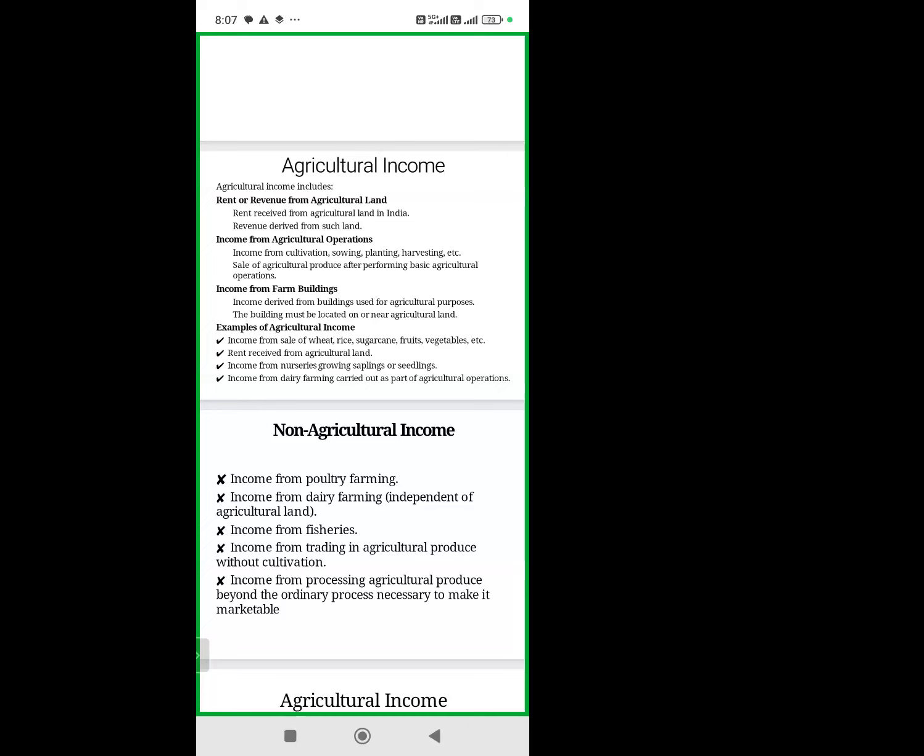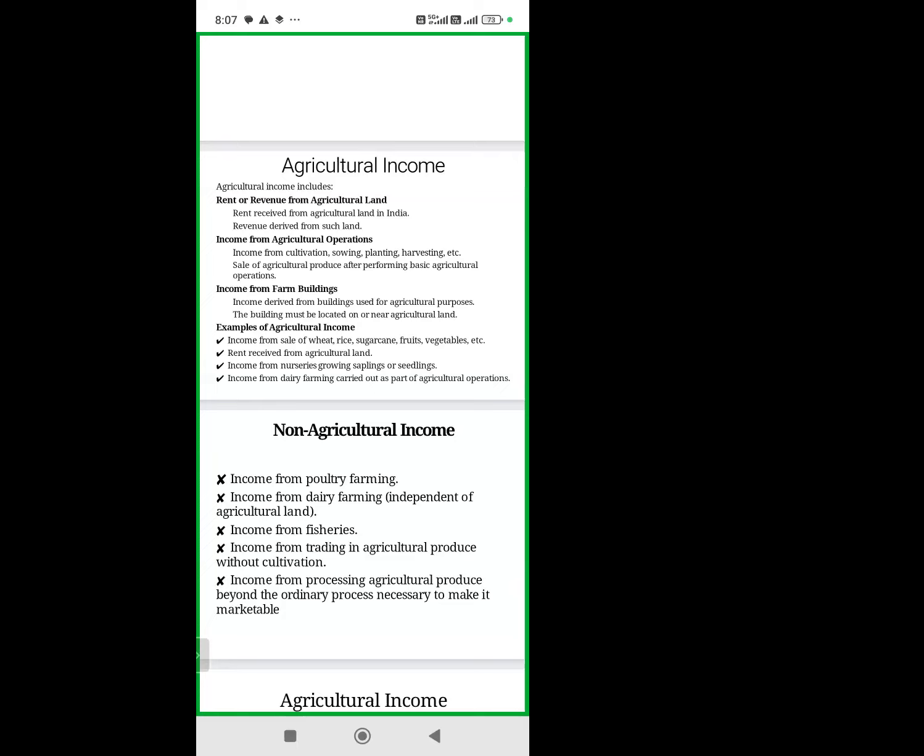Even after that, if we are getting certain income through dairy farming, then that is also part of agricultural income. But poultry farming is not agricultural income. Dairy farming done independently in agricultural land is also not agricultural income.